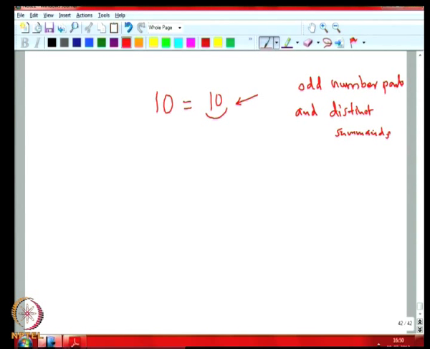On the other hand, if you consider 10 equal to 9 plus 1, the summands are again distinct, but the number of parts is even. So, that goes to the other kind. So, 10 equal to 7 plus 1 plus 1 plus 1, this is not even distinct.